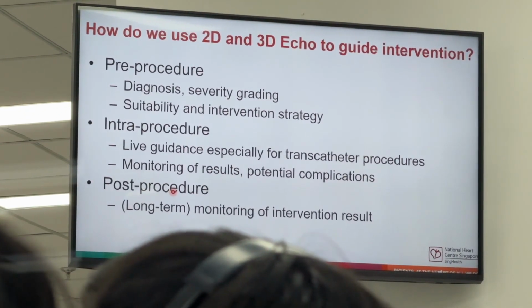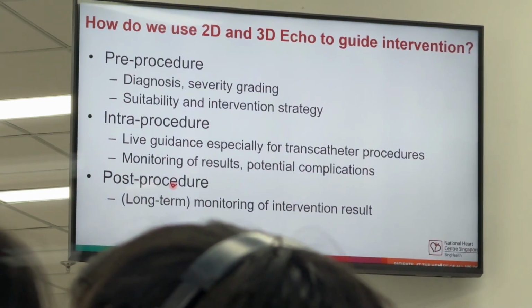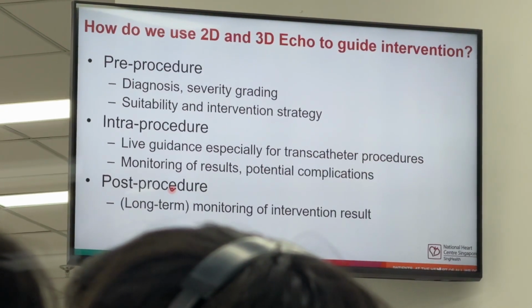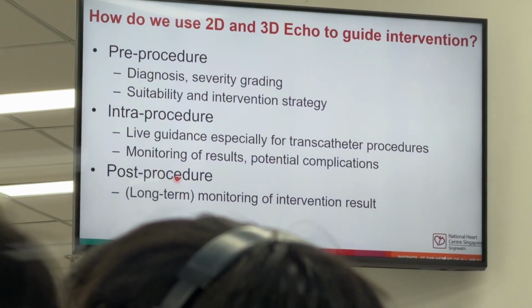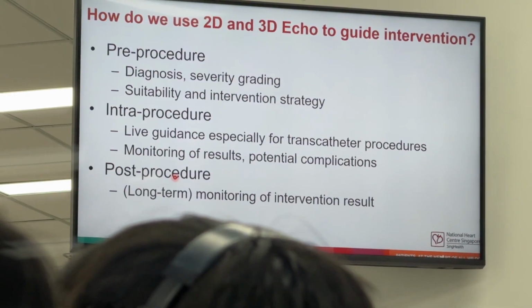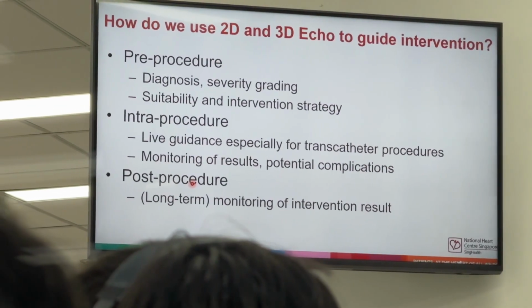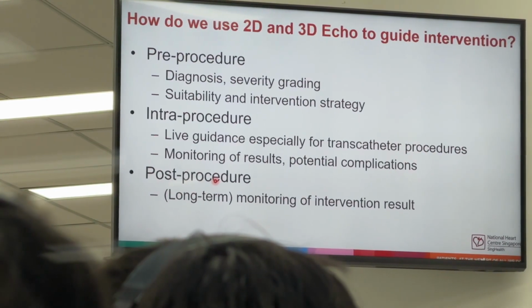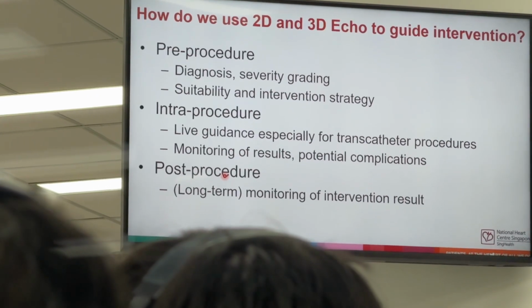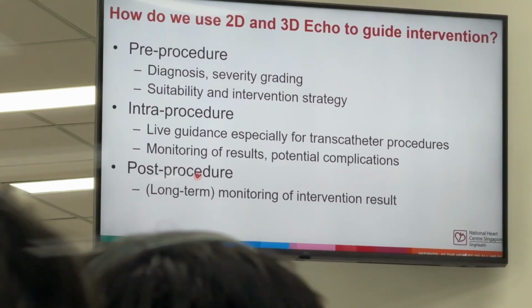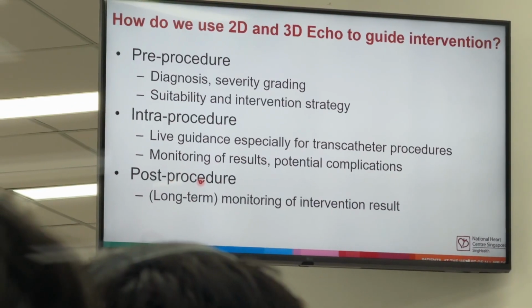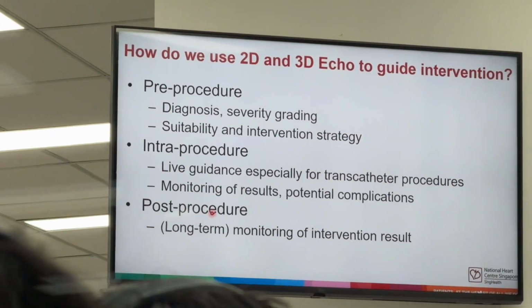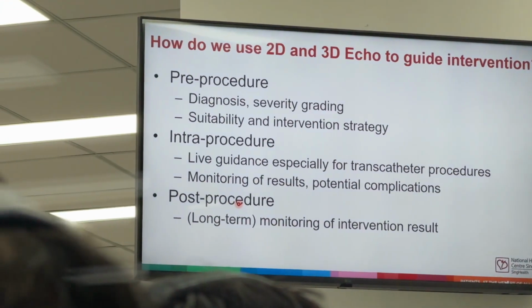In the procedure, we need to give live guidance, especially for the transcatheter procedure, or even for a surgical intervention. We do imaging immediately before the surgery and post-surgery to assess the results and whether there are any potential complications from the procedure. And of course, in the post-procedure phase, for long-term monitoring of intervention results.